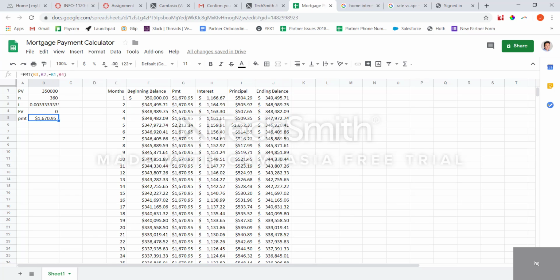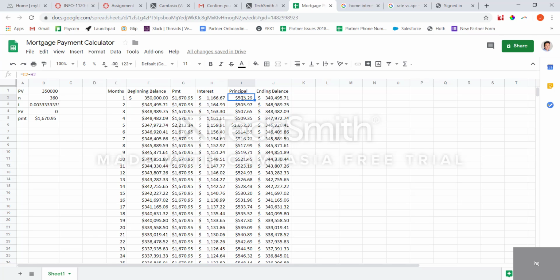So real quick, it's really easy. You just set up the column headings, months, beginning balance, and so on. Put in the beginning balance, which is 350. Put in the payments. Make sure to lock that cell because each payment is going to be the exact same. And then interest is your beginning balance times the interest, and that's how we came up with this calculation.